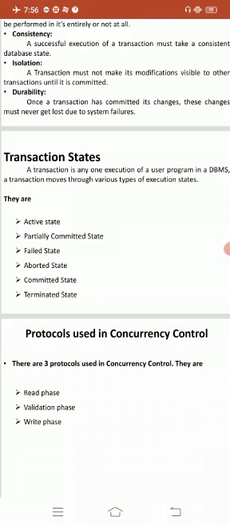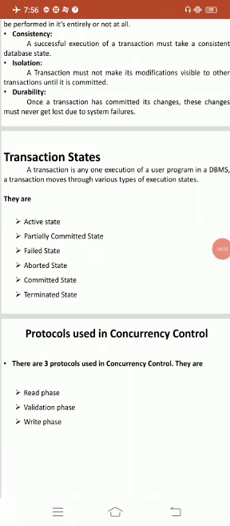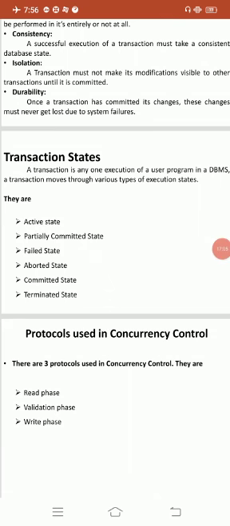When a transaction ends, it moves to the partially committed state. Some recovery protocol should ensure that a system failure will not result in an inability to record the changes of the transaction permanently.